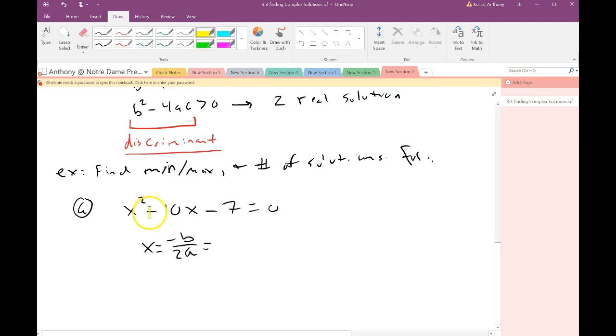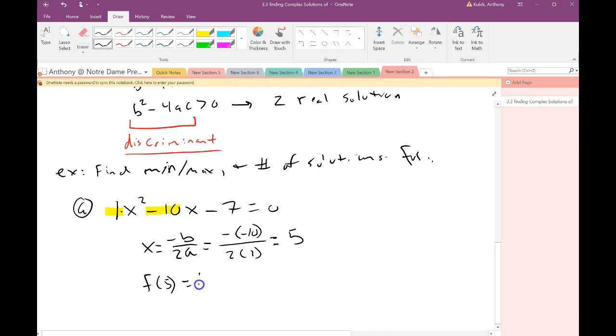My b term is here, and my a term is here. Remember, since there's nothing written, the coefficient there is really 1. So I have negative negative 10, and then 2 times 1. So that gives me 5. And the value then is going to be f of 5.